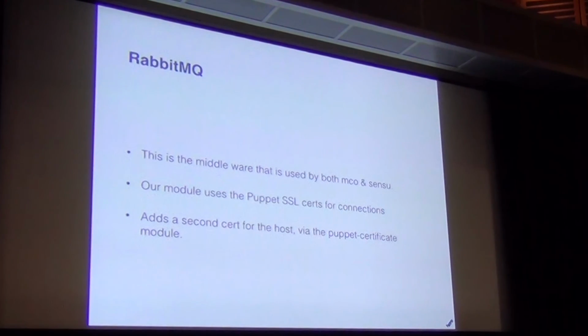Well, can't we use those again? So we do. In this case, it adds a second cert for the host, so that the RabbitMQ server has a different cert for itself versus the actual host that it's running on, which can be handy for a couple of the tools that don't like to check to see if their peers are there.